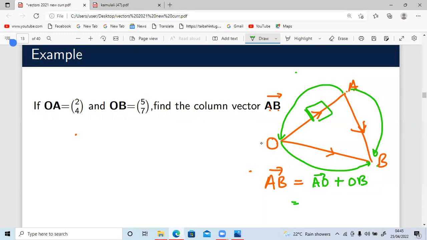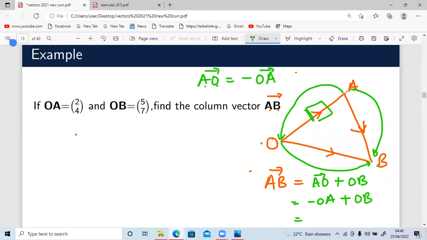So vector A to O is the same as negative O to A. Whenever I interchange the vectors, I put a negative. This negative shows us a divergence in the direction. So here we shall have negative OA plus OB.